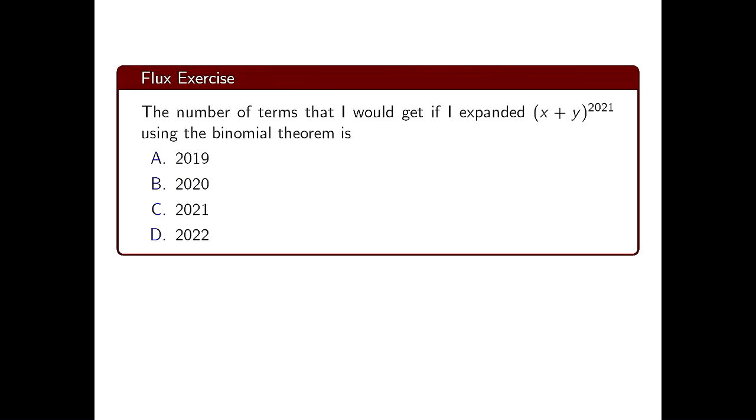So this is just asking, after I do the expansion and simplify in the binomial, how many terms are there in the sum, right? Going to make this a fairly quick one, so have a quick chat to your neighbour, make a decision.